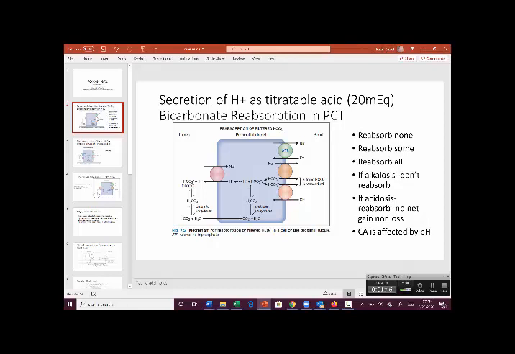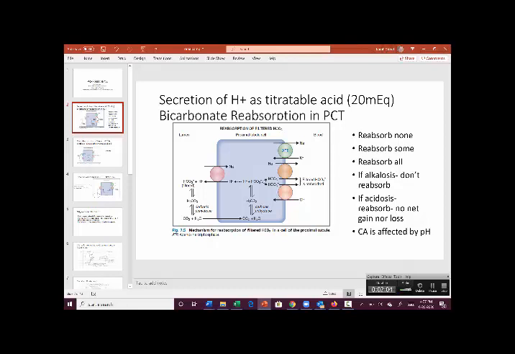So there are two main ways that we secrete hydrogen: as a titratable acid or a fixed acid. And in my first lecture, I talked about this titratable acid, though I did not use those words.